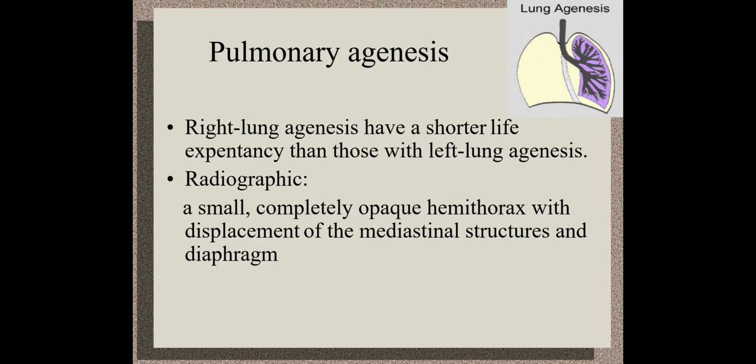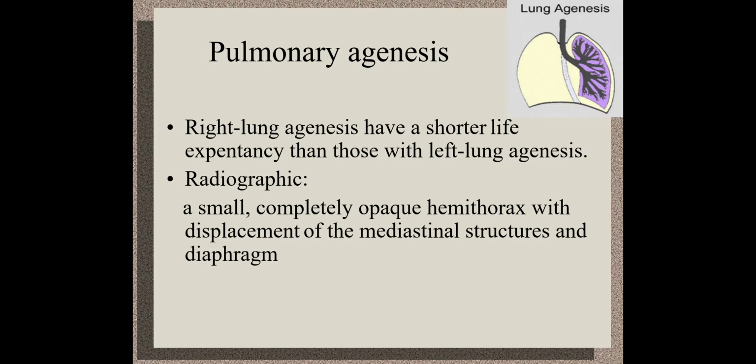Pulmonary agenesis, as in this photo, there is complete absence of a lung, the right lung in this patient. Right lung agenesis has a shorter life expectancy than left lung agenesis.